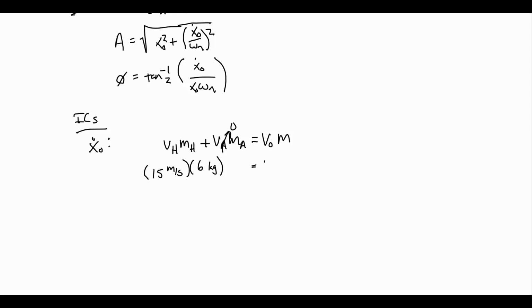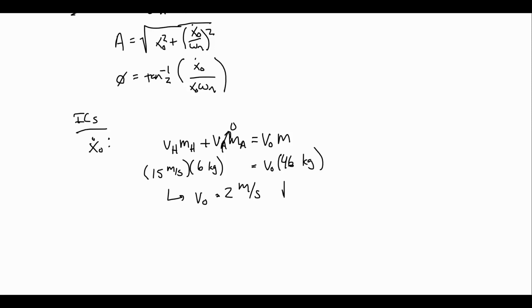Equals then the velocity of the system after the collision times, well, we already know that after the collision they're stuck together, it has a total mass of 46 kilograms. So the only thing we don't know from this equation is the initial velocity of that hammer-anvil system.